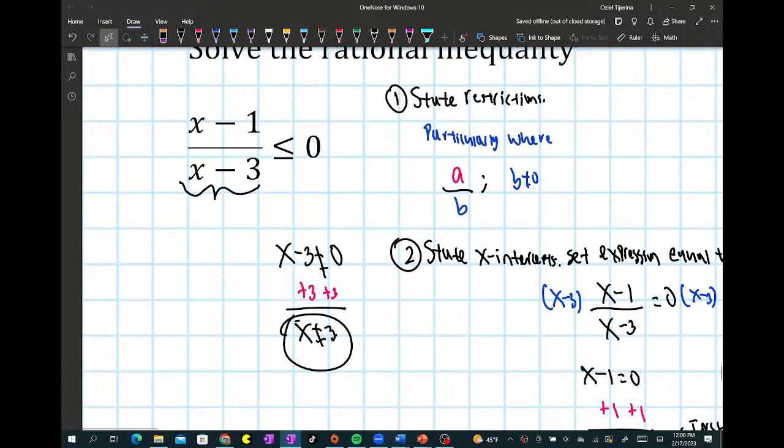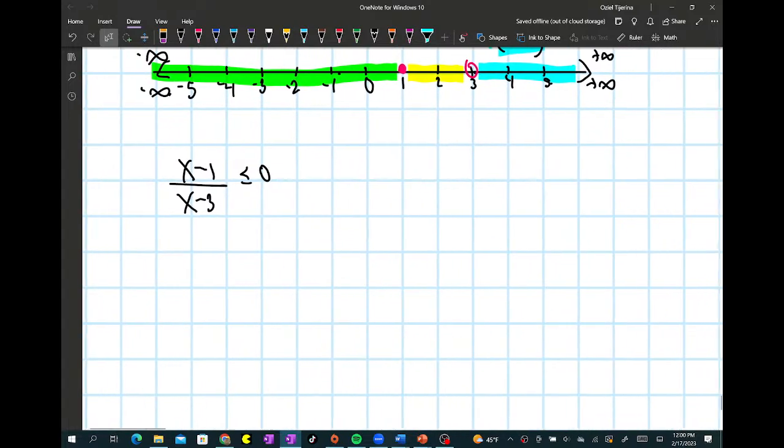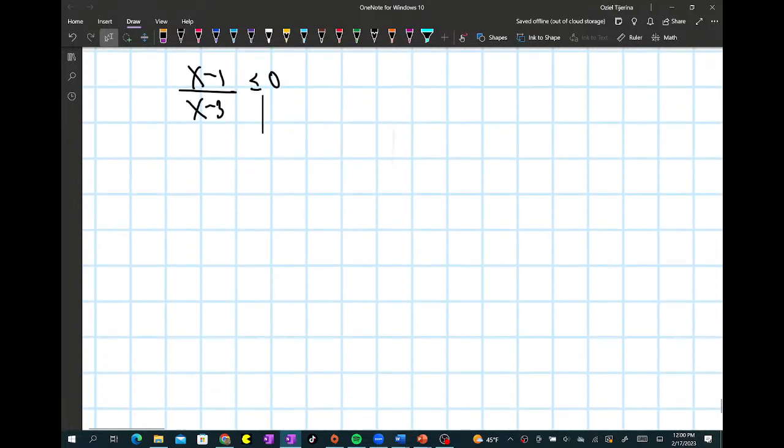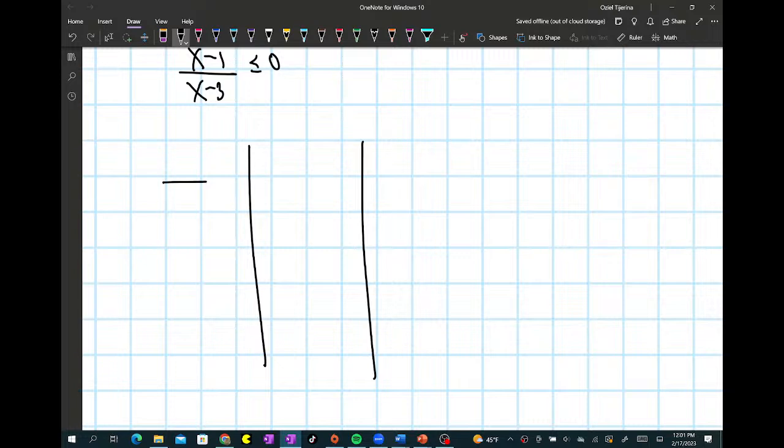So let me just explain. Now all you have to do here is, a lot of teachers make charts. They like to make these kinds of tables where they say, well, this is the interval that we're testing.